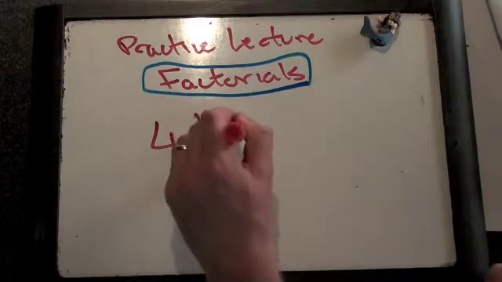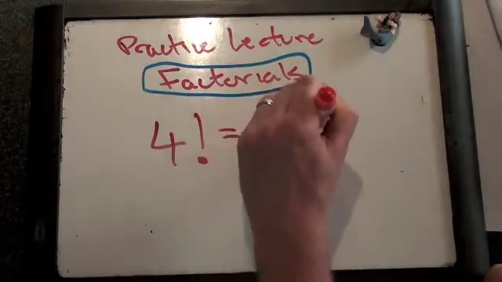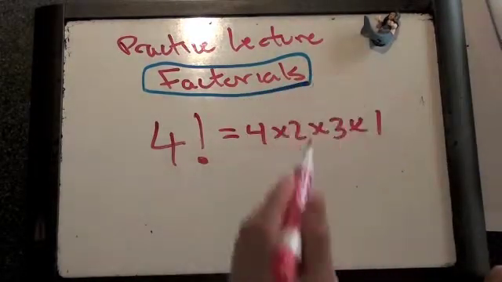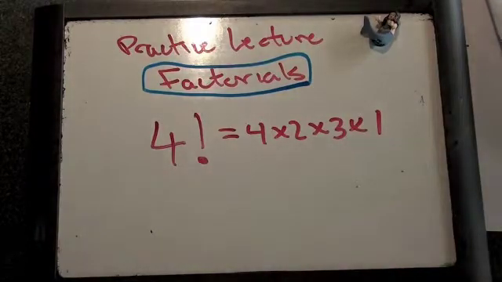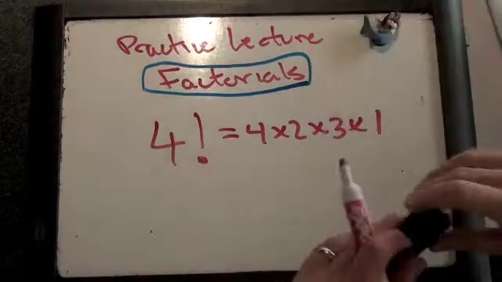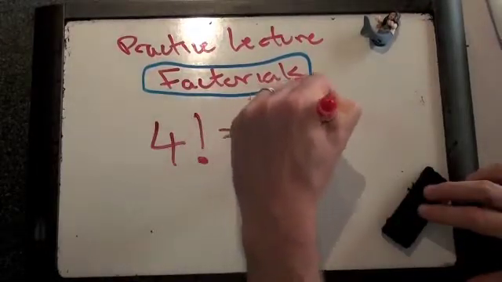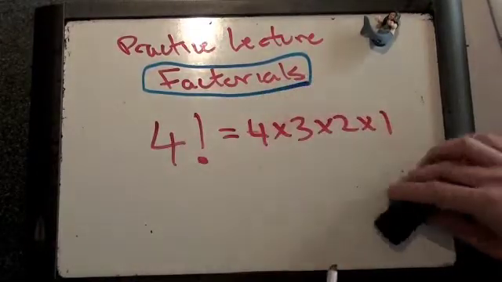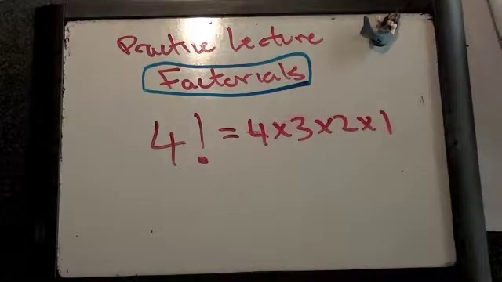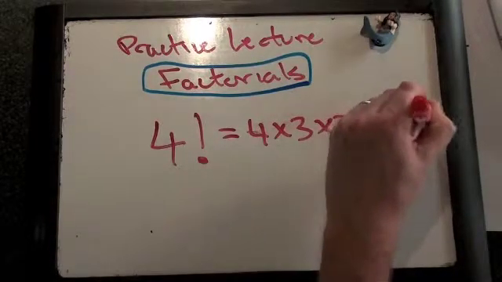And it means 4 times 3 times 2 times 1. I'm asleep today, I first said 4 times 2 times 3 times 1, but it actually means 4 times 3 times 2 times 1. And by the way, what is 4 times 3 times 2 times 1? 24. So 4 factorial happens to equal 24.